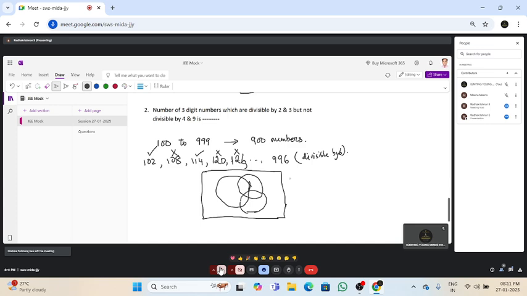If I write 6, it means divisible by 6. That is this set. Now let us say the other two are 4 and 9. Let us say these are the numbers divisible by 4 and these are the numbers divisible by 9.